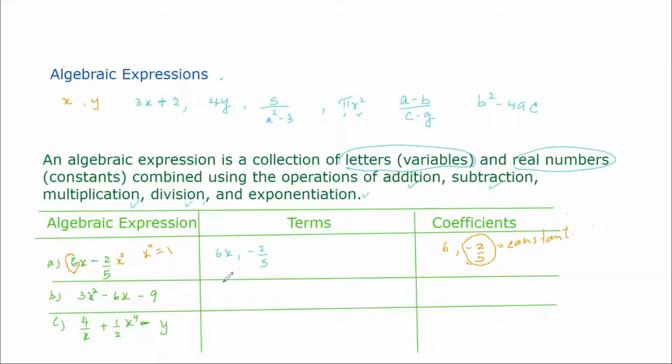Okay, next one, question B: 3x squared minus 6x minus 9. How many terms? 3, right? 1, 2, 3.